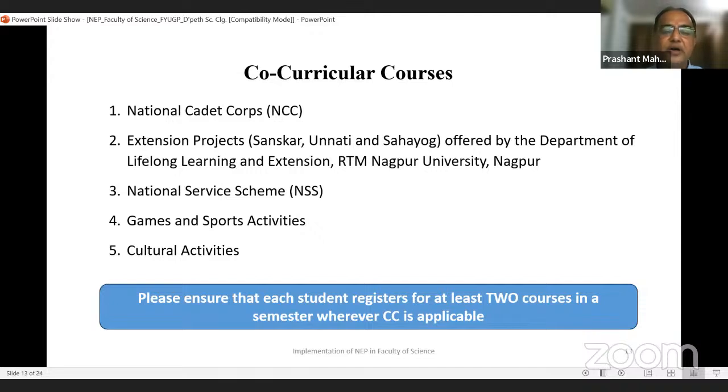Or if you fortunately have some chairman board of studies of science or any faculty in your college, then probably that concerned chairman also will be able to answer.